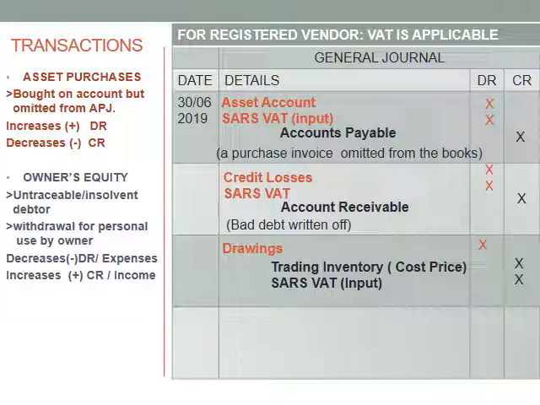Then this will be the amount that will be credited against the inventory account. We will have to calculate the input VAT for this entry and credit the SARS VAT account with the amount that has been calculated, so that the drawings account includes the VAT. Then the narration will be: drawings for personal use.